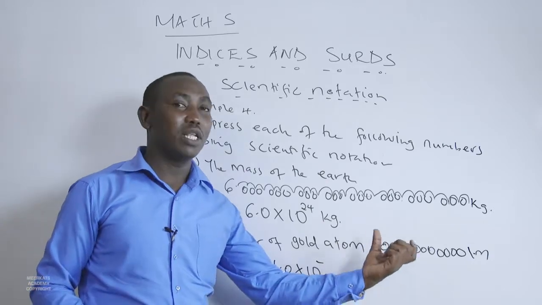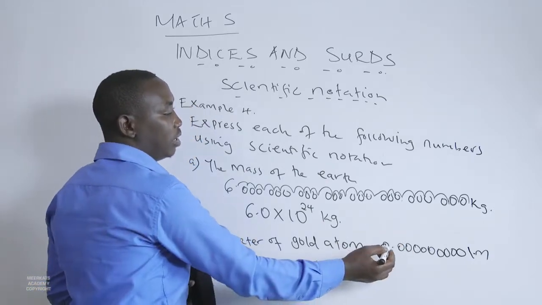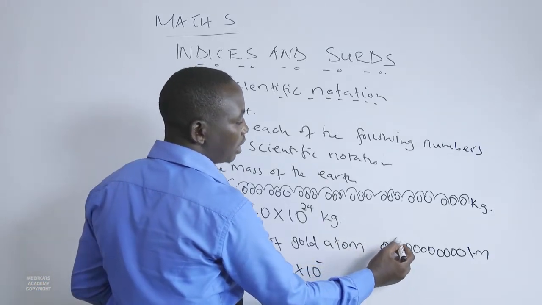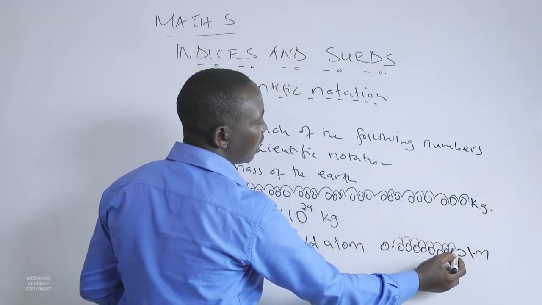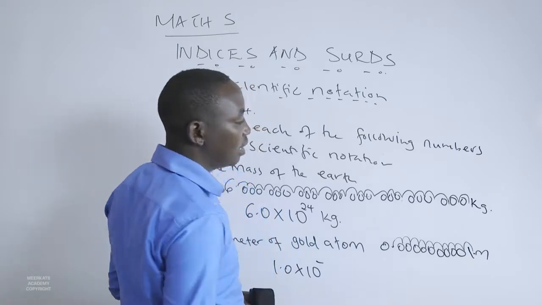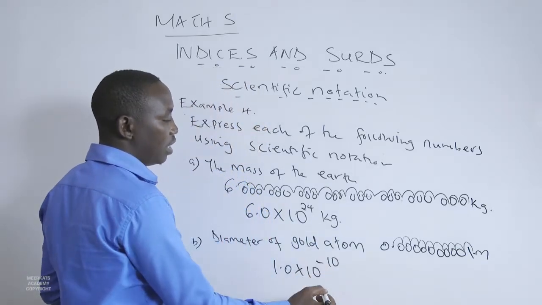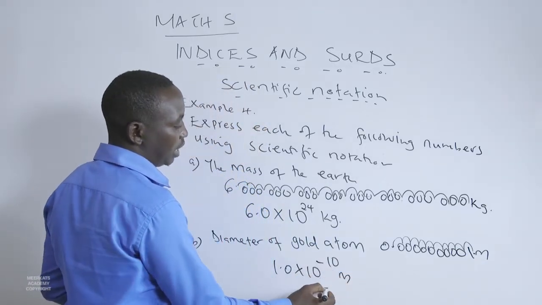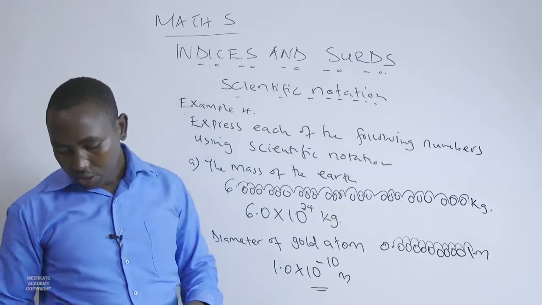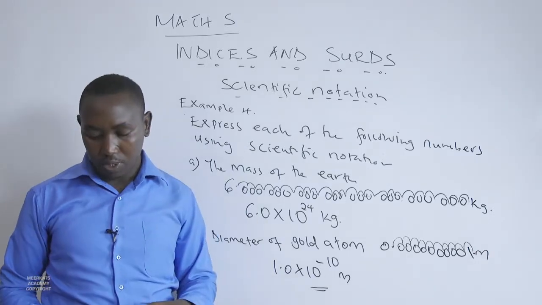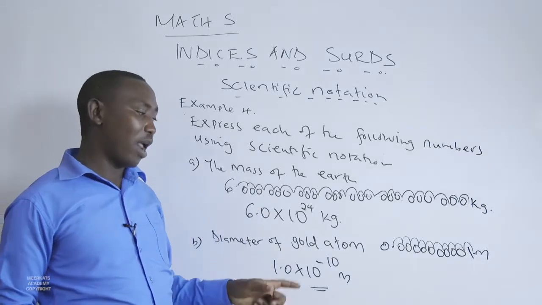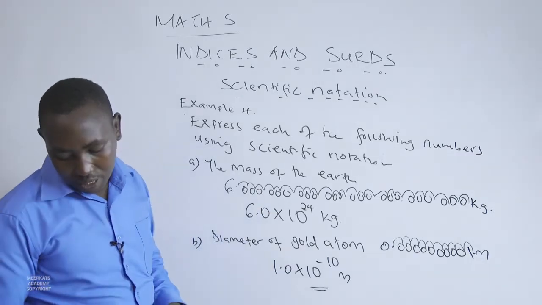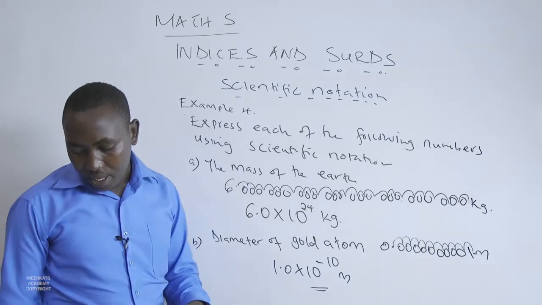We are dealing with a very small number. That means you'll have gone forward how many steps? 1, 2, 3, 4, 5, 6, 7, 8, 9, 10. So raised to negative 10 meters. So those are the two scenarios in which you can write either a very big number or a very small number scientifically.